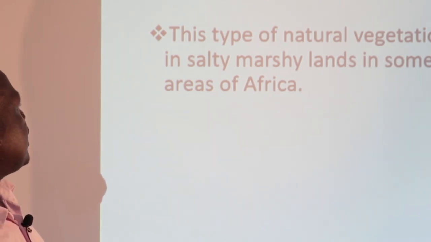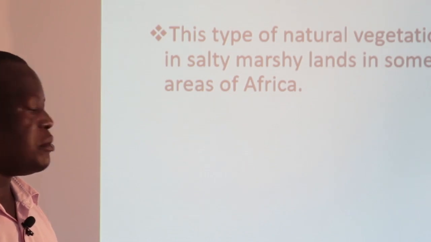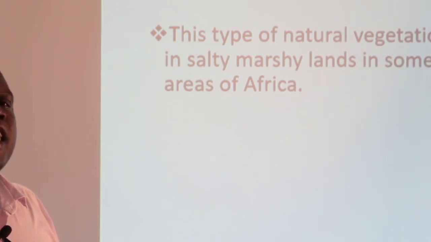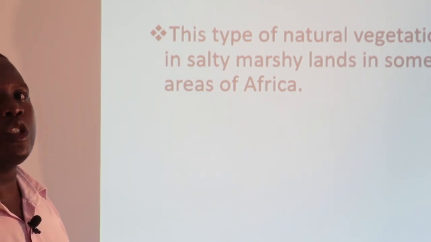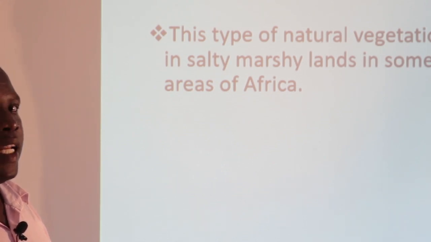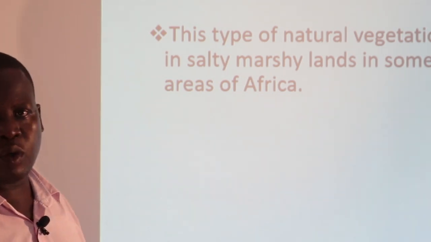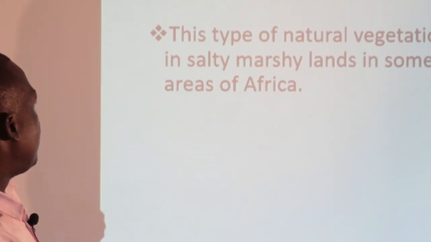So we are going to look at that. Now, when you look at the words salty marshy lands, it means the areas where those forests or swamps grow must have salty, marshy waters or lands.